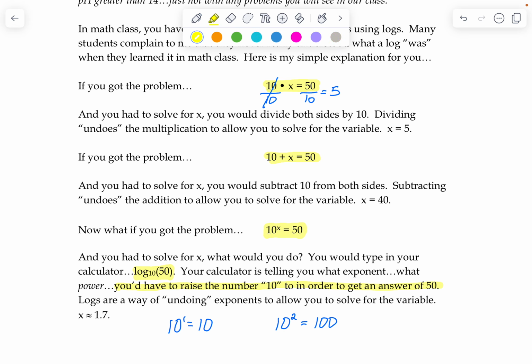So do you see how we need an exponent somewhere in the middle of 1 and 2 if we want the answer to not be 10 or 100, but 50? And then when you put the log of 50 in your calculator, you get a number somewhere in the middle, 1.7.